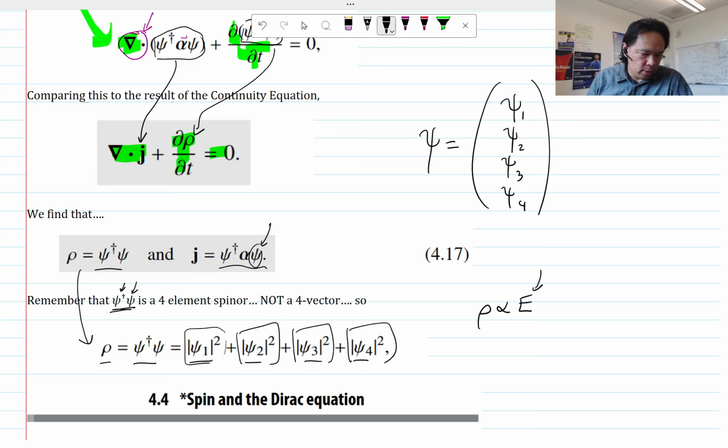That gives you the probability density instead. So you don't have these negative probabilities anymore, which is exactly what we want from a solution that is going to be both relativistic and obeys quantum mechanics.